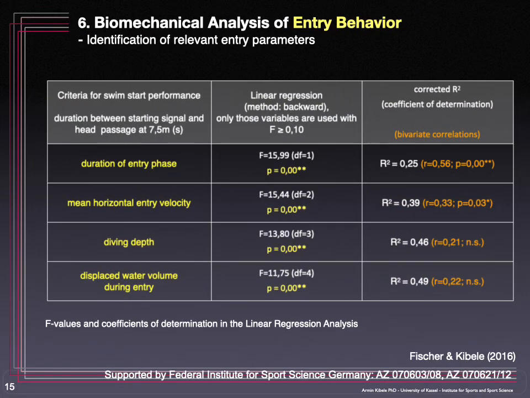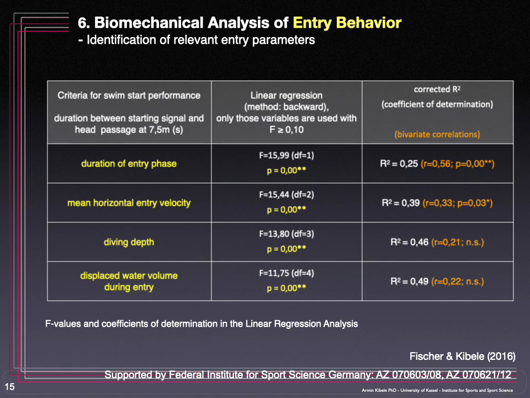Finally, a linear regression analysis was used to assess the explained variance of the entry performance. Only those variables are listed in this table with F-values larger than 0.1. These were, in the first table column, the duration of the entry phase, the mean horizontal center of mass entry velocity, the diving depth, and the estimate for the displaced water volume during entry.